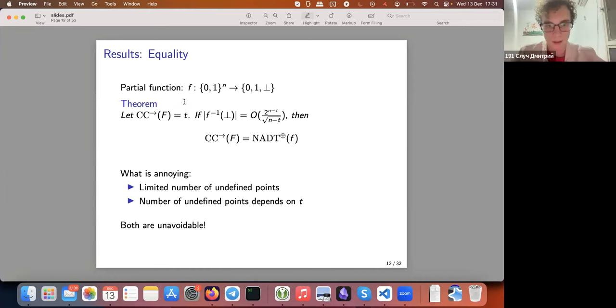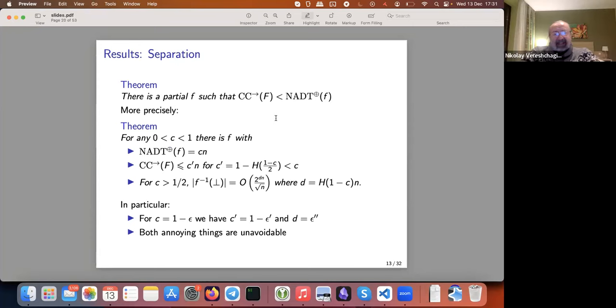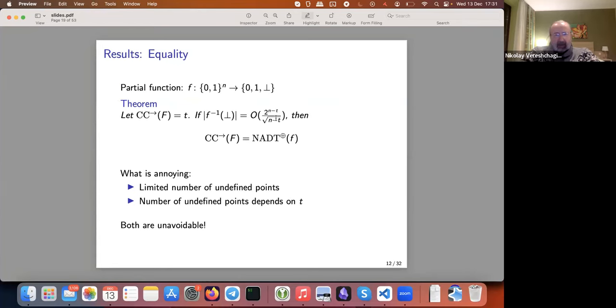So, the two annoying things: first is that the number of undefined points is limited and that it depends on t, and both of these things are unavoidable because of the separation result. Wait a bit, can we at least a little bit see that upper bound? So the total number of points is 2 to the n. So now more or less it is a 2 to the minus t fraction, if we forget about that square root.